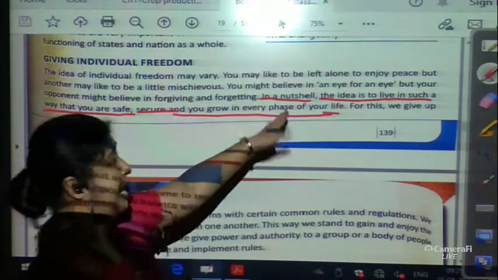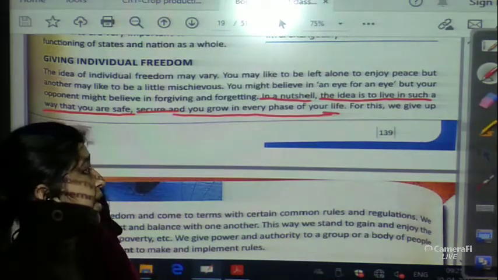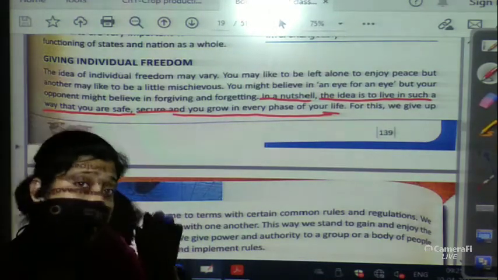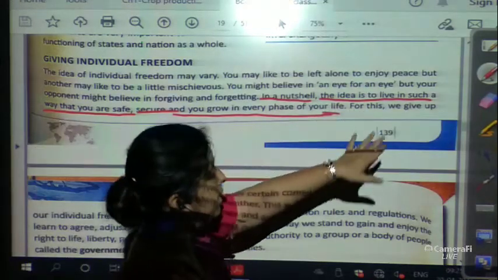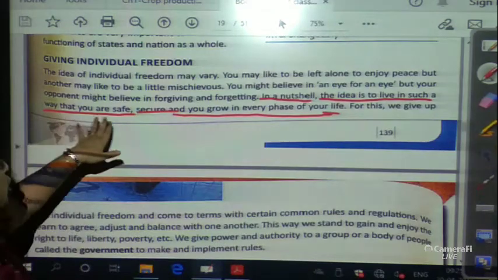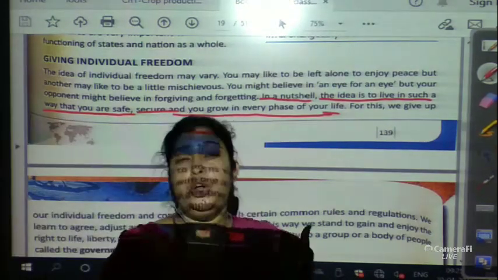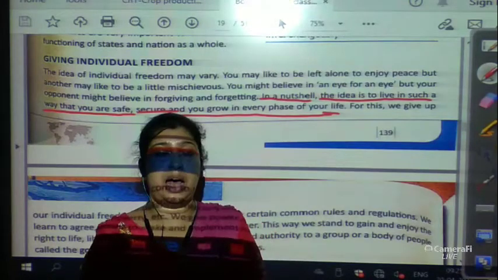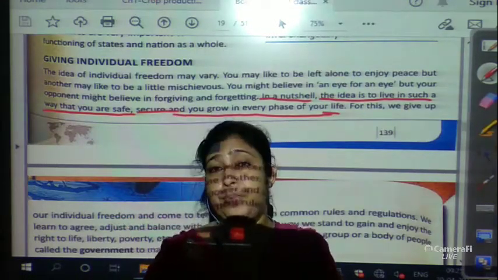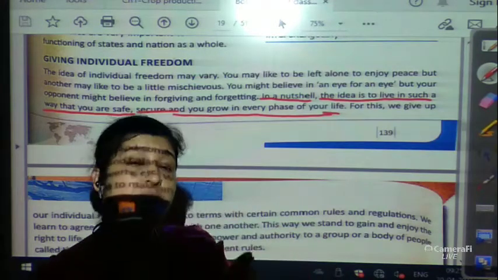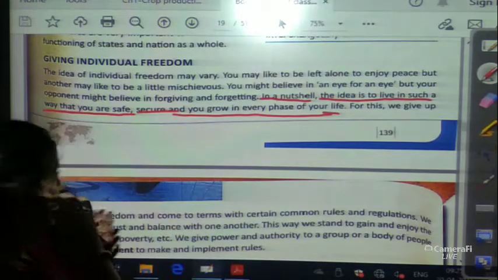The shell actually protects that nut. So here it is also written that the idea is to live in such a way that you are safe. Yes, so laws, rules, regulations are made for this reason, that the people have to be safe and secure in the country.